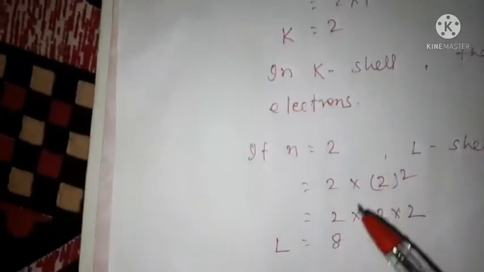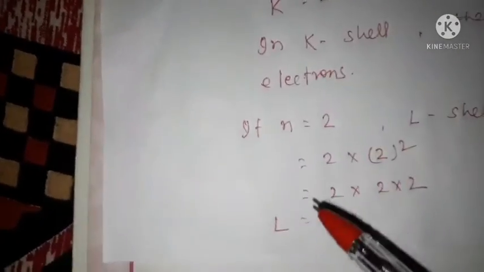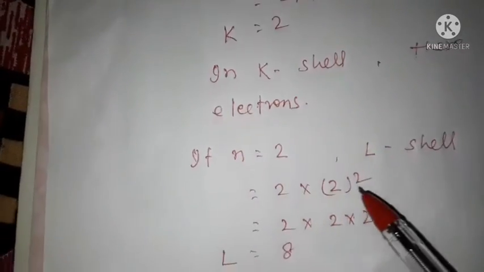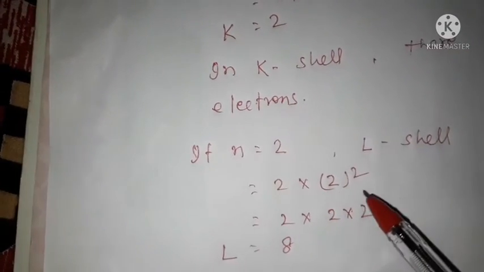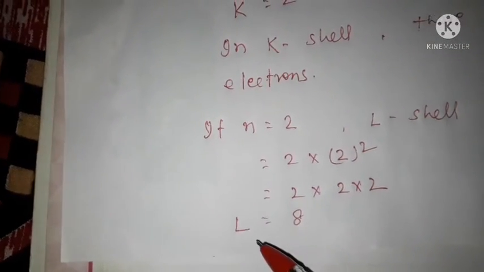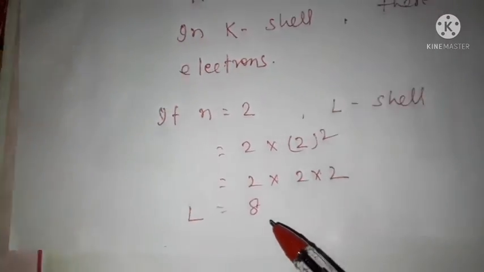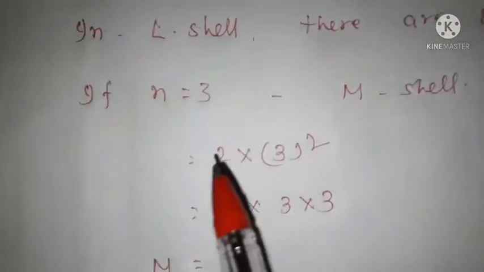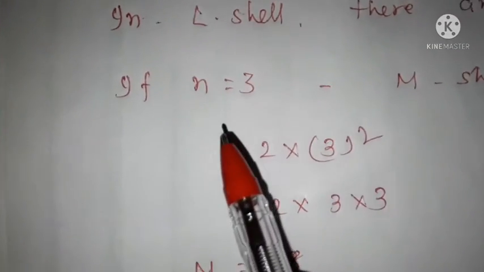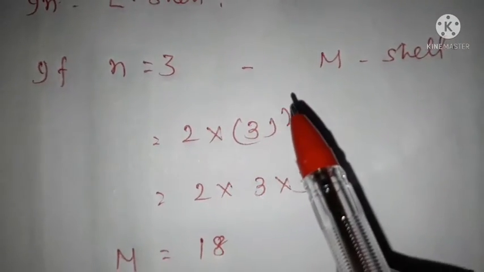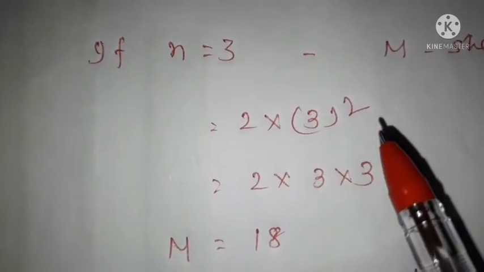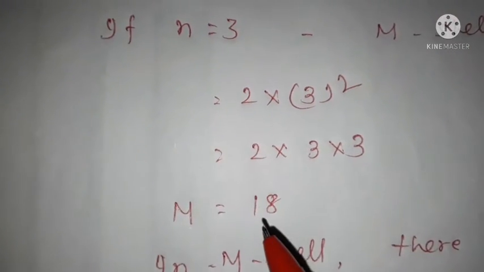So like this, if we see n is equal to 2, that means L cell, using 2n square, 2 into 2 square, then we will get L contains 8 electrons. So in next L cell, we see that there are 8 electrons, and if n is equal to 3, that means M cells, and using this formula 2 into 3 square, we will get 18.